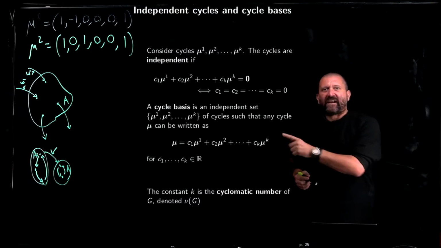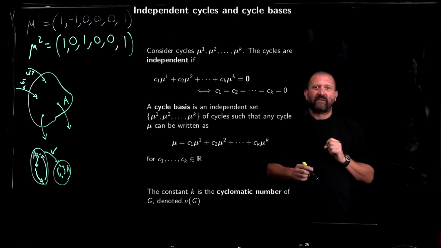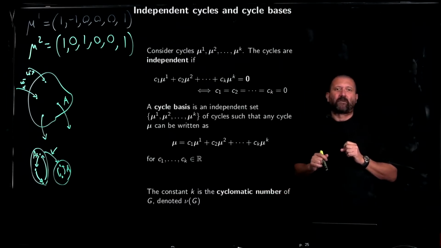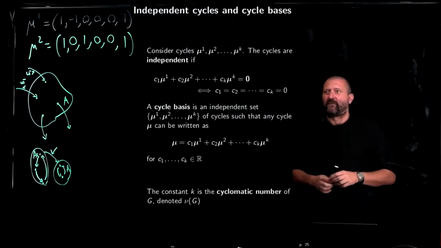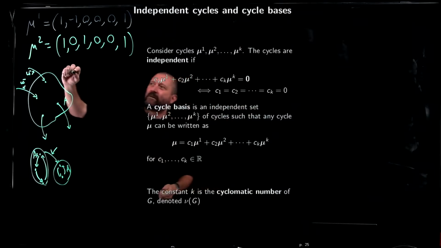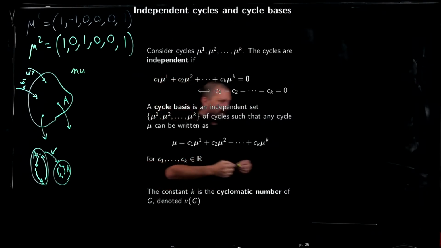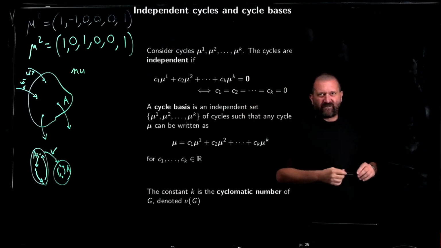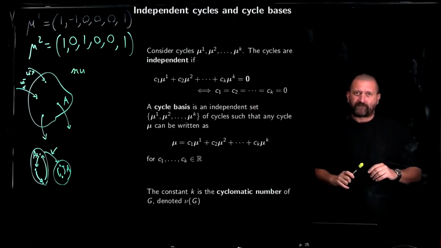And the size of that basis is what is called the cyclomatic number. Okay, it's denoted nu. This is the Greek letter nu. You'll hear me say it a lot, so I'll just write it. It's denoted nu of G.